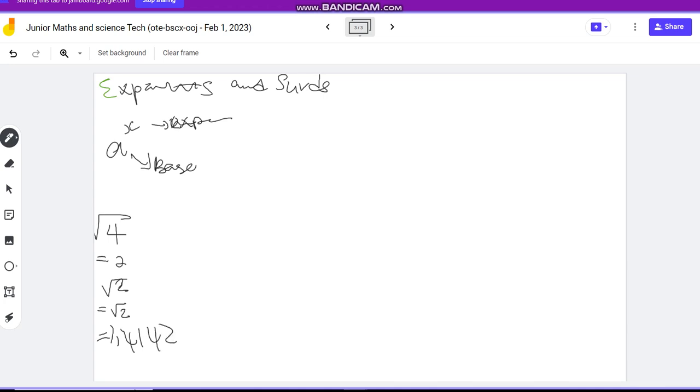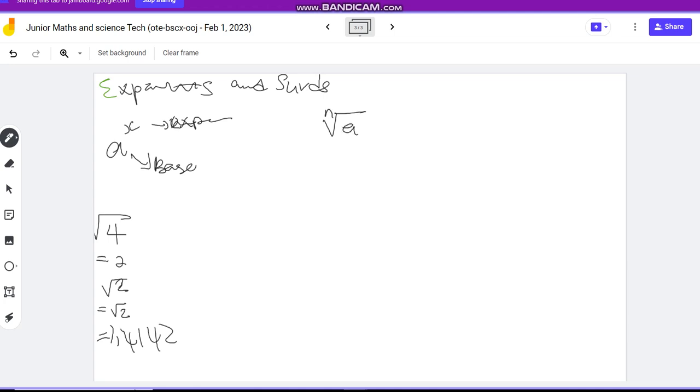So now that's just the surds and also exponents. Now going further on the surds, you find that there are ones that have a square root, like what I just did here, the 4 has a square root. But you might also find ones that have something like this.